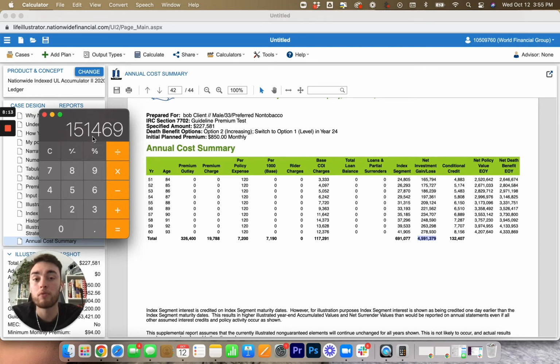So your total fees in 60 years of having this policy is $151,469. Now, a lot of you are probably like, wow, that is so much money, $150,000?